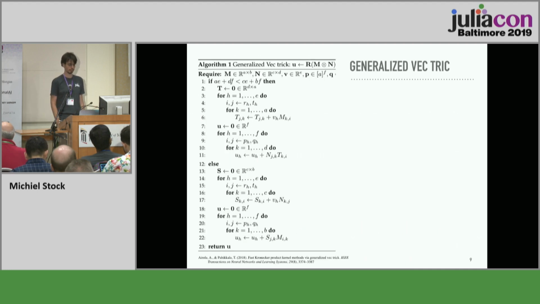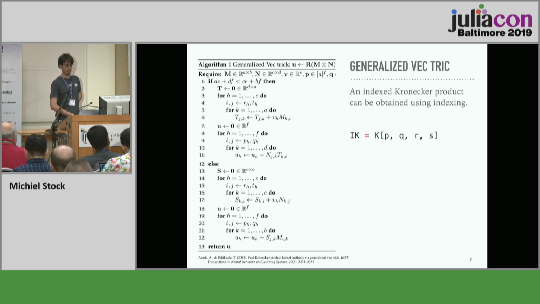And this is the generalized vec trick. I won't go into detail. This is for working with these incomplete Kronecker systems, and as you can see, it's quite for-loopy, so it's convenient that you can implement this quite performantly in Julia directly. And if your data is incomplete, then you can just use indexing to say, okay, I have this part of my matrix that I have sampled, which I want to work with.